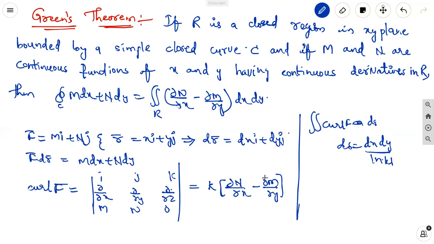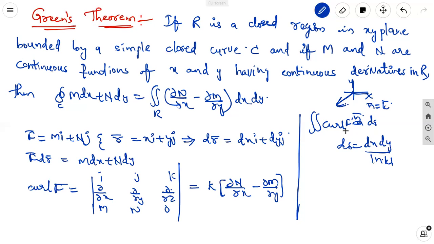Here n is the unit normal vector. The normal vector in the xy plane is along the z axis. So here n vector is equal to k vector.